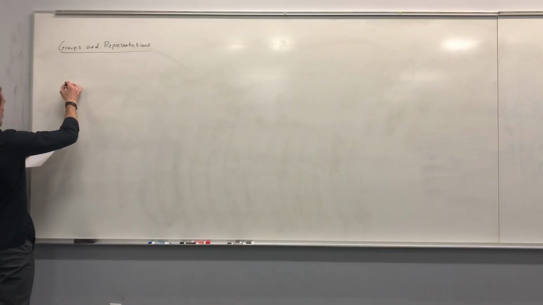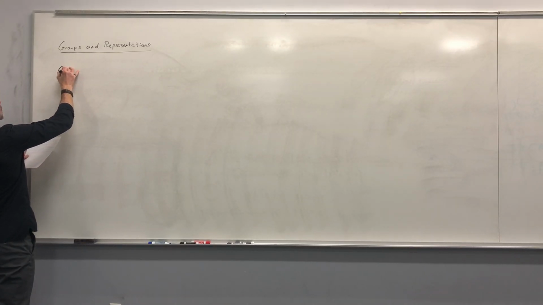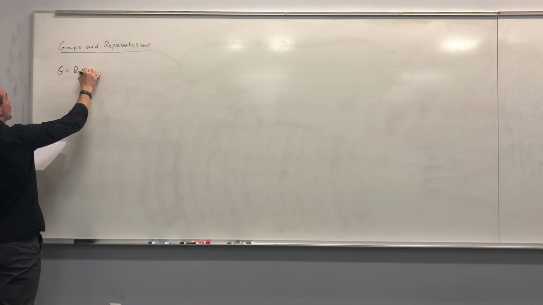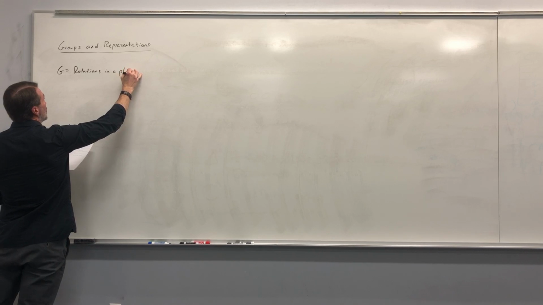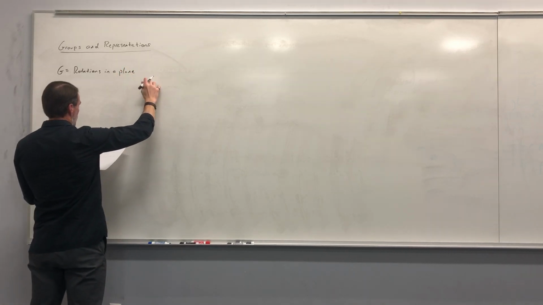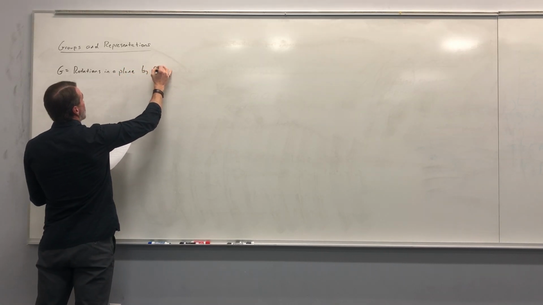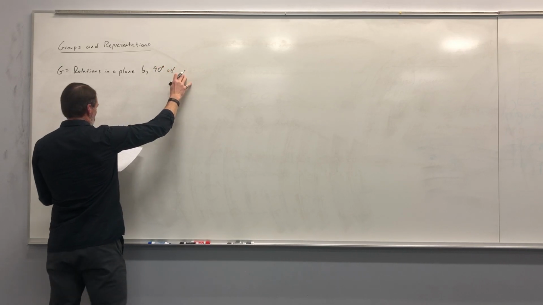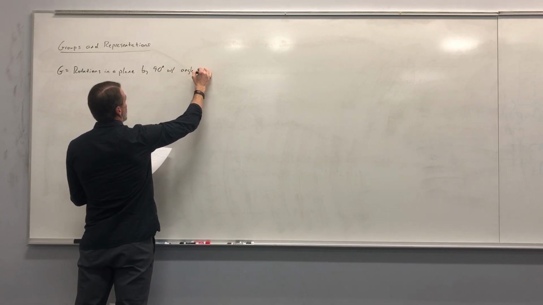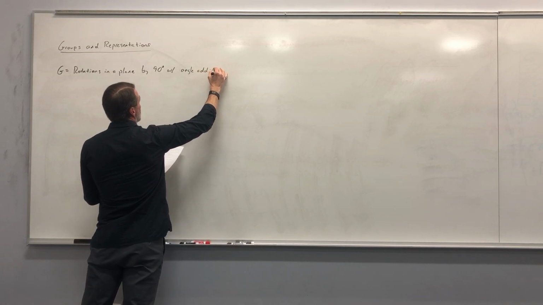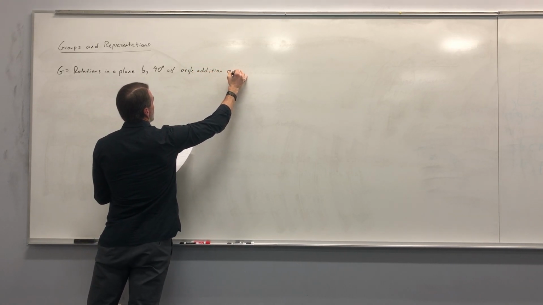So my G is going to be the set of rotations in a plane by 90 degrees with angle addition. Composition.